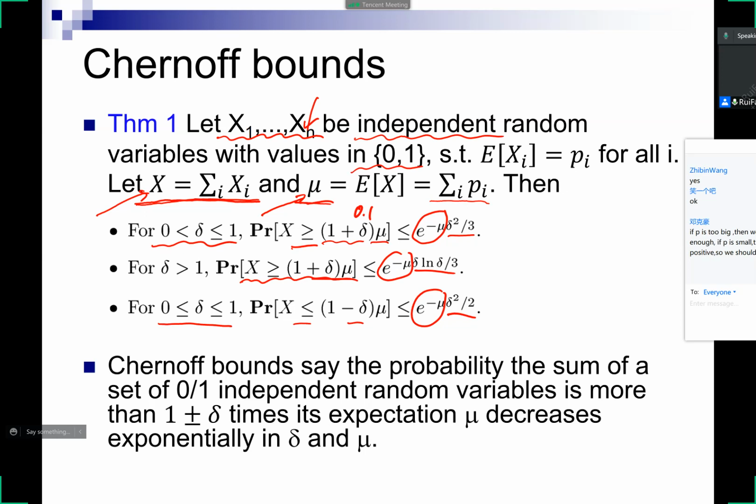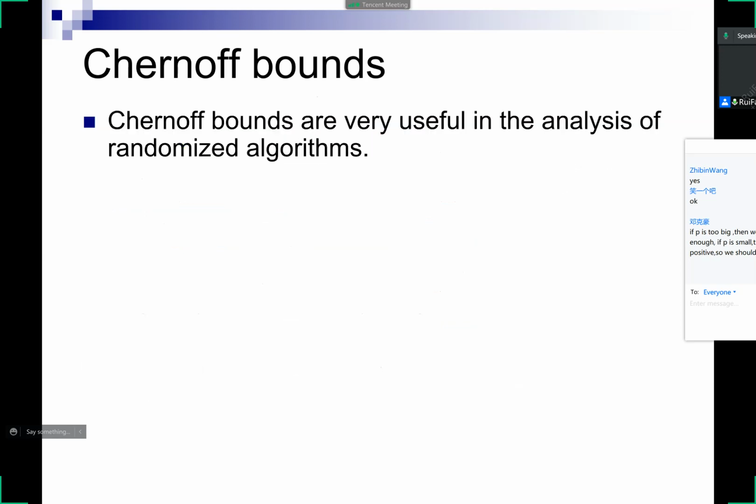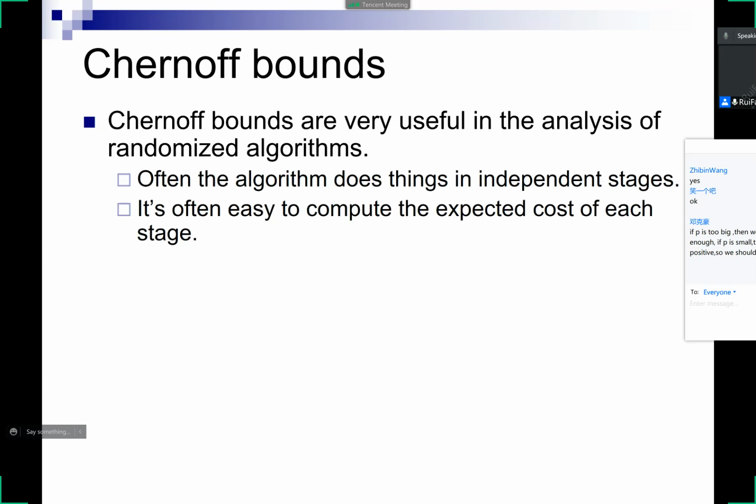Okay, right, so now before we look at applications, let's first look at intuitively why this would be useful. Because as I said, Chernoff bounds are used in many places when analyzing randomized algorithms. The reason that Chernoff bounds are so useful is because many randomized algorithms do things in independent stages.